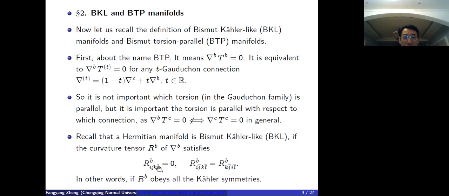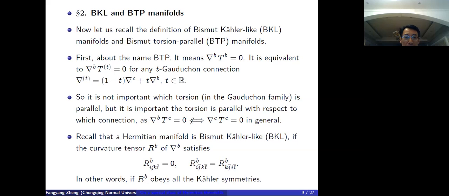So the last two positions have to be one without bar, one with bar. But for the first two positions, there could be nonzero components, so in general it won't be zero. So if it is zero, and if the first and the third position can be swapped, then that's what Kähler-like means. These are all the Kähler symmetries, right?